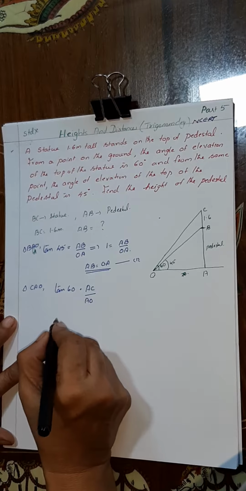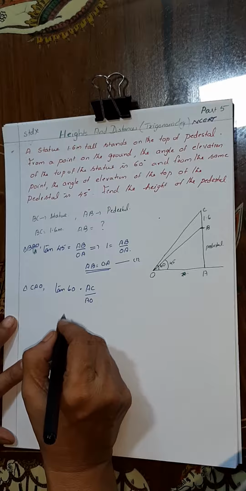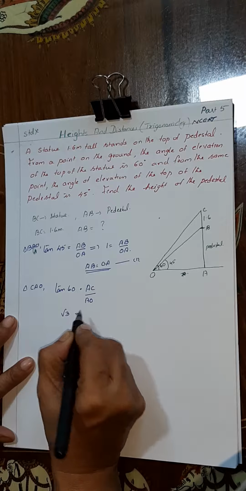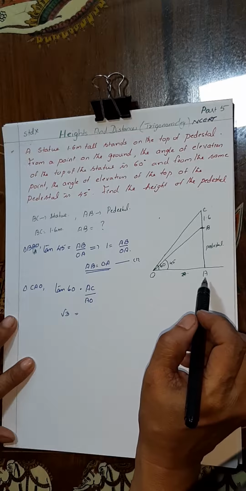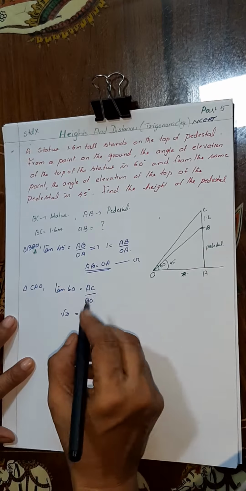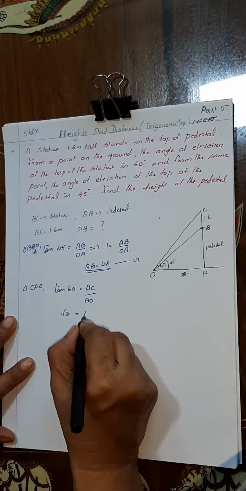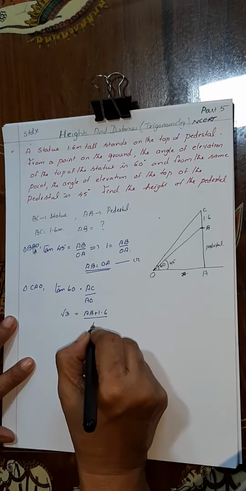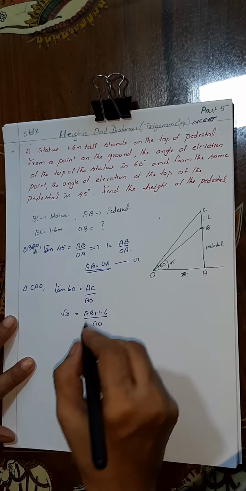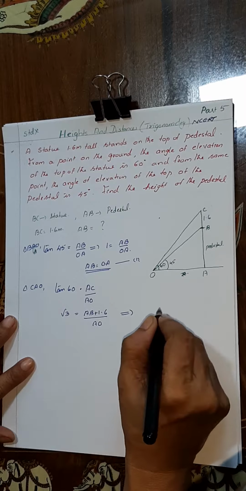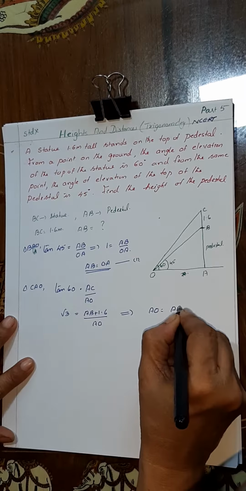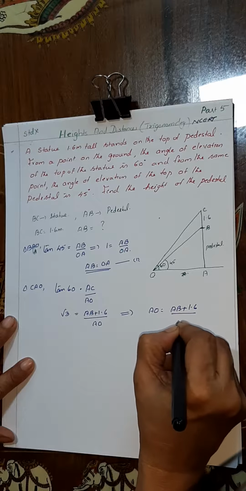So tan 60 is root 3, so root 3 is equal to, now AC is equal to AB plus BC. So it is AB plus 1.6 by AO. From this you can write AO is equal to AB plus 1.6 by root 3.